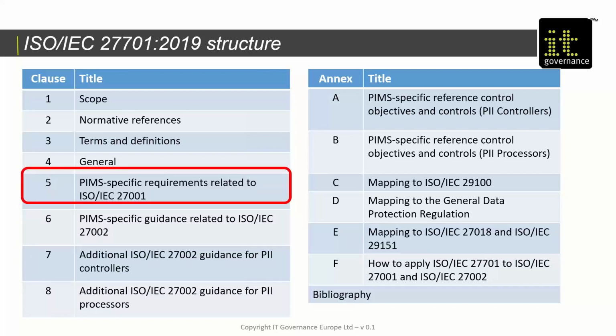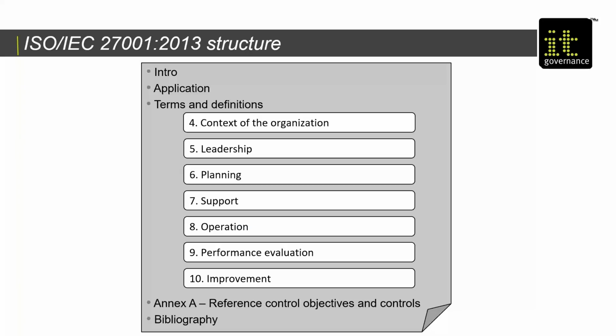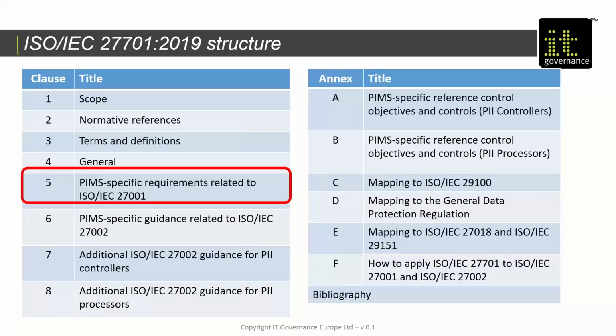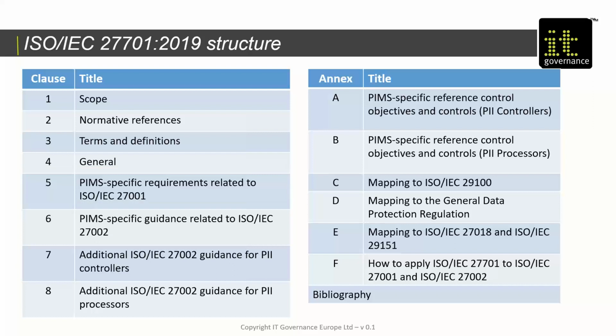So taking clause 5 first, this links to the management clauses of 4 through to 10 in the ISMS standard. So the requirements in clause 5 here link with the requirements in clauses 4 to 10 here, with some new requirements imposed by the PIMS.